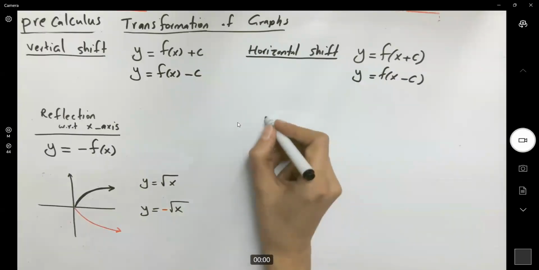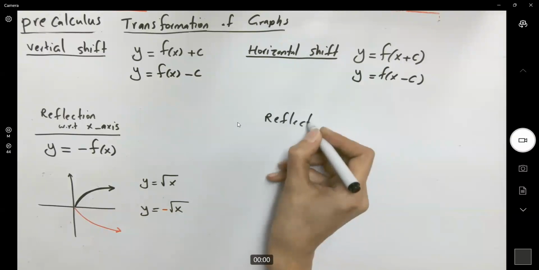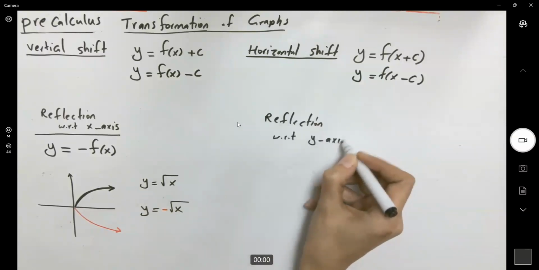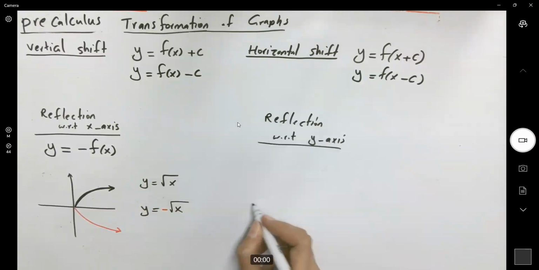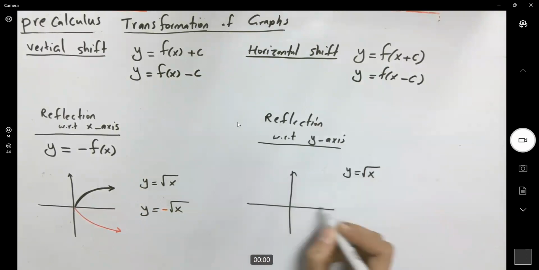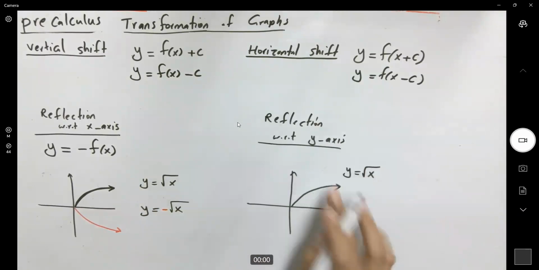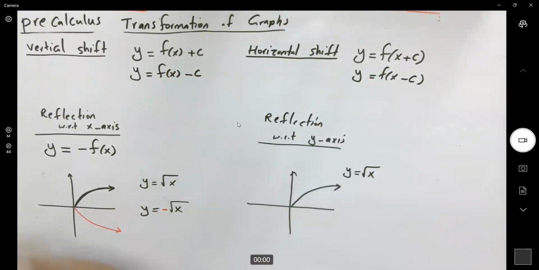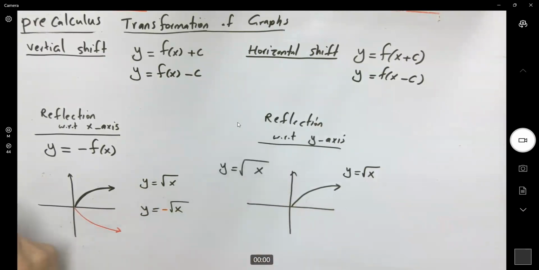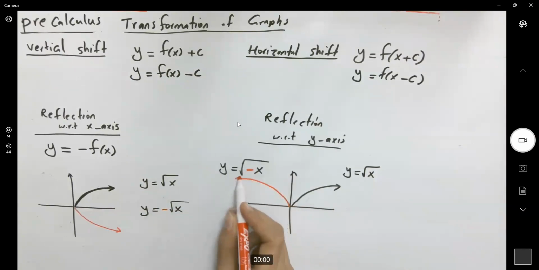So reflection with respect to the y-axis. Well, what do we have here? We just saw that if y equals square root of x, a square root function, is given to us, multiplying my x by a negative sign, which is y equals square root of minus x, gives me this graph, which is reflected with respect to the y-axis.